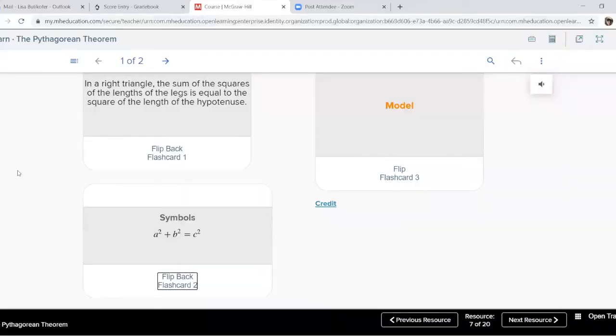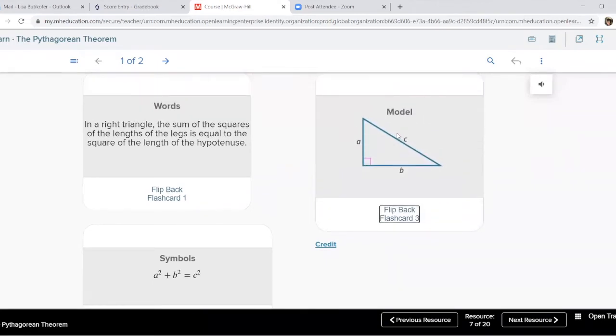That's a formula you're going to need to write down. If I were you, in your notes, I would draw a triangle and label it just like that. Don't forget to put your right triangle in there, and then write down the formula a squared plus b squared equals c squared. So hit pause and write it down in your notes.